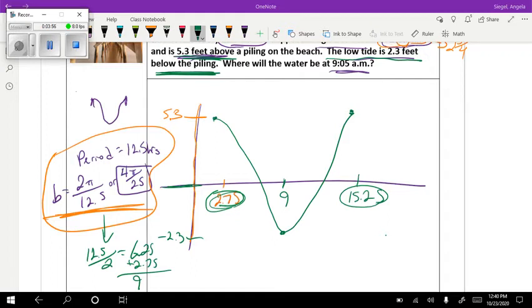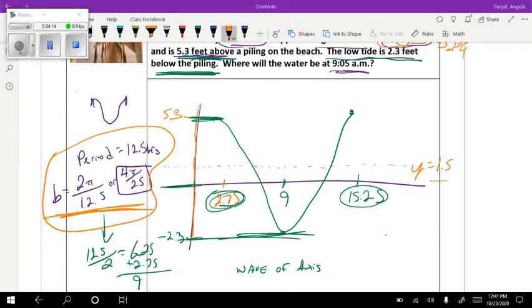Okay, the next thing I'm going to do is figure out that wave axis or axis of symmetry. It's going to be halfway between here and here. Okay, so I figured out that y is equal to 1.5.